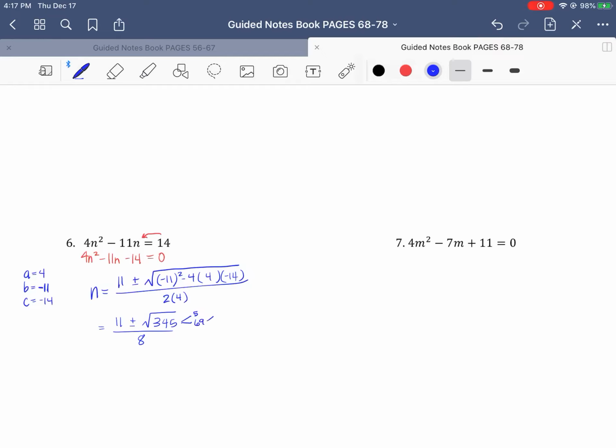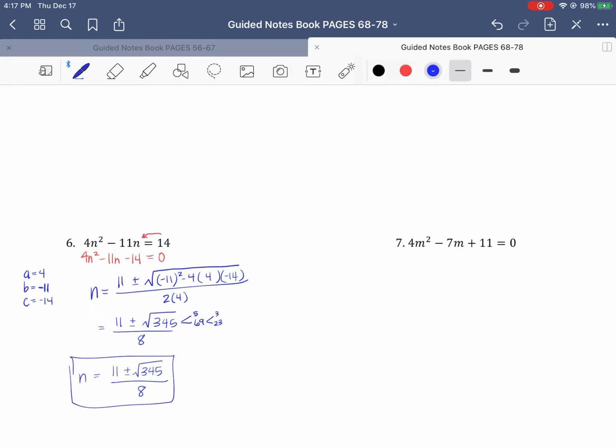So we keep breaking that down. This ends up being 3 and 23. 23 won't break down anymore. So notice we've got 5, 3, and 23. There's no groups there. Nothing else simplifies. So this one's completely done. 345 over 8. And we have solved this equation.